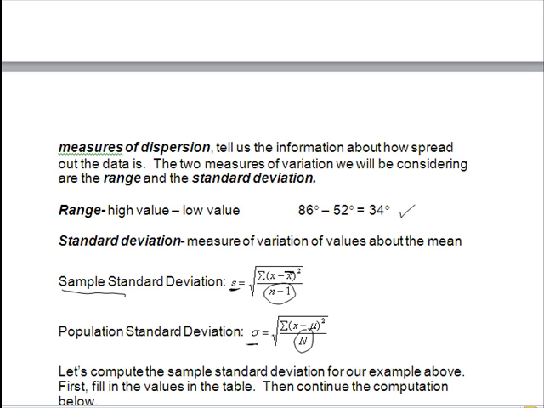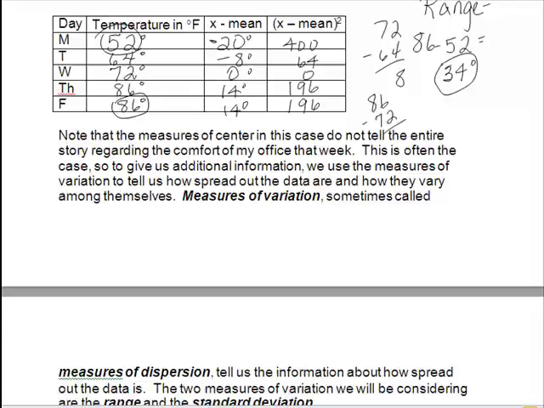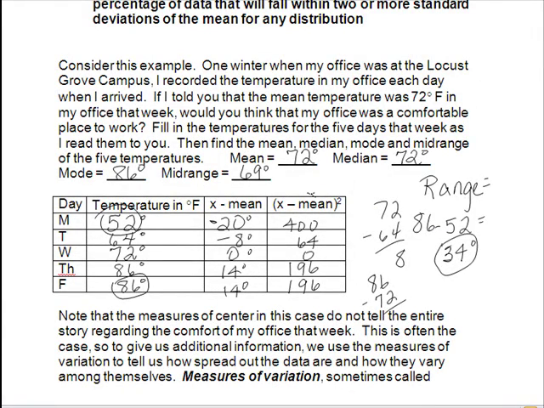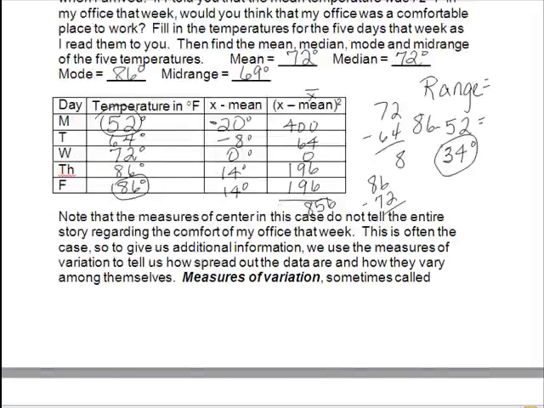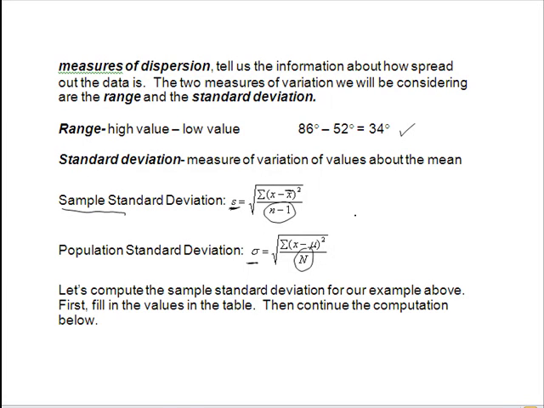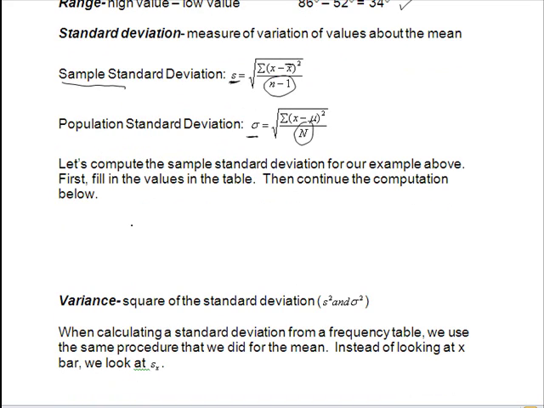Okay, so I have the (x minus x bar) squared column, so I have to add that up. 400 plus 64 plus 196 times 2. I'm getting 856. So now I'm going to have 856, and it was 5 days, so n minus 1 will be 4.